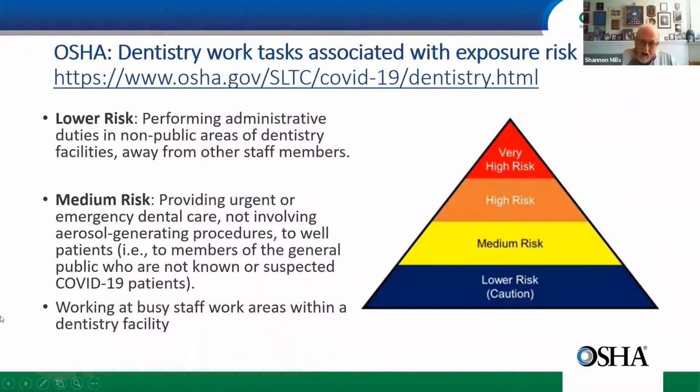Now, let's go to what OSHA says. So OSHA describes dental office personnel and the jobs that they do, and it's meeting all four of the risk categories. The lowest risk is people who perform only administrative duties in non-public areas.